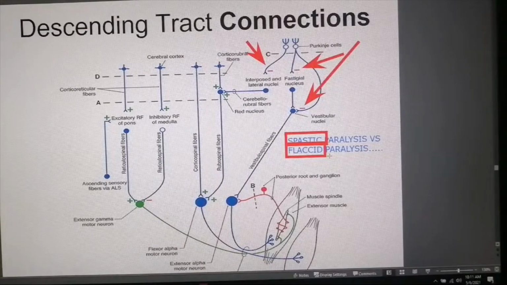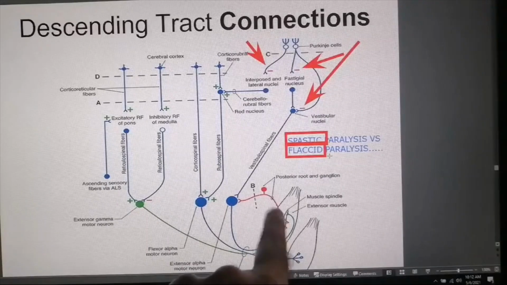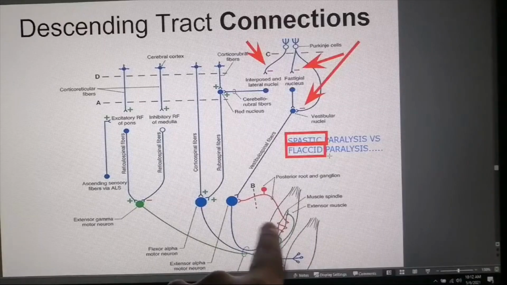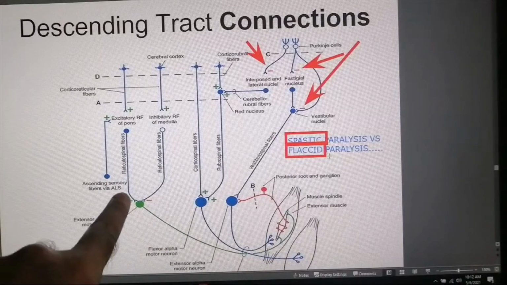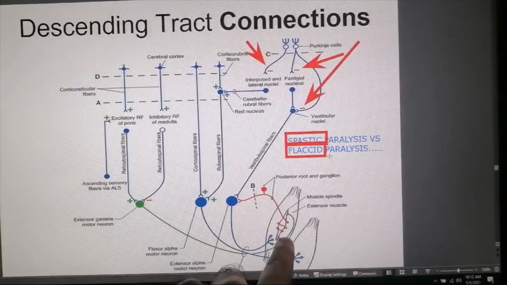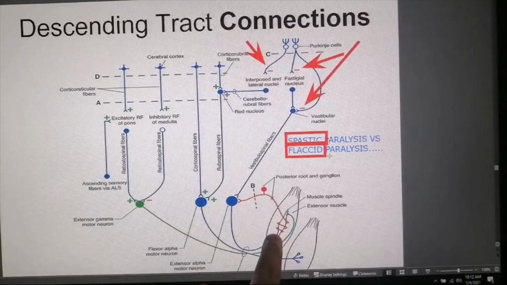Noor and Abdullah were spot on. The muscle will go into spastic paralysis. Do I need to explain that, guys? By the exaggerated stretch reflex, this overdriven gamma efferent will keep stretching the spindle.